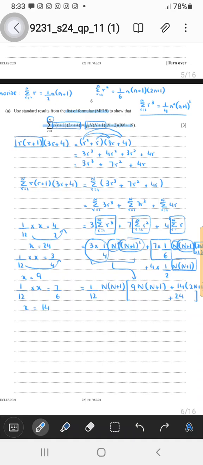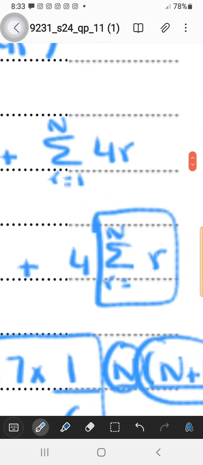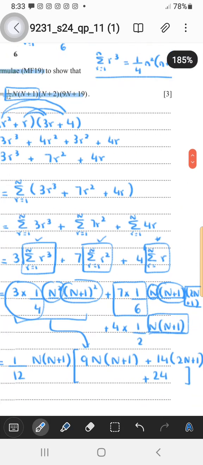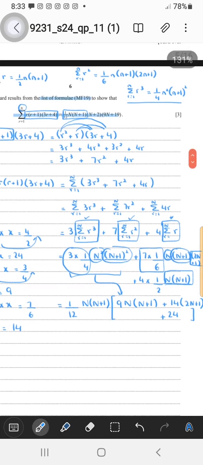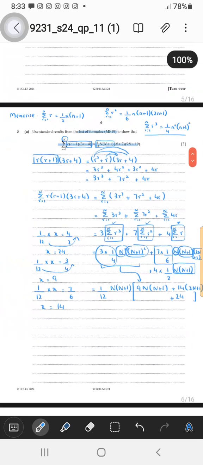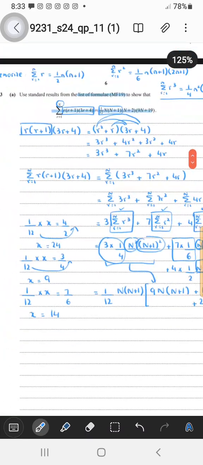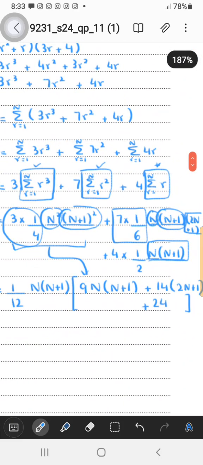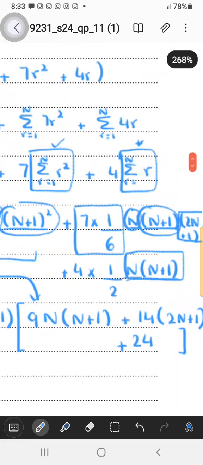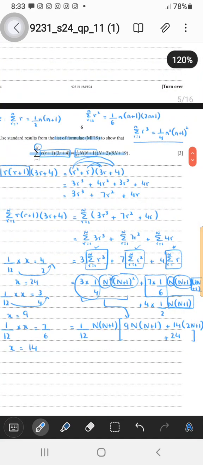Then we inserted the given, this was given in MF19, and this we have to memorize. We inserted it and then it's algebra. Then we have to take 1 upon 12 common, so we write 1 upon 12 outside and we take n common. We can see that n is in all three terms. Then we take n plus 1 common. Again we can see that n plus 1 is in all terms.